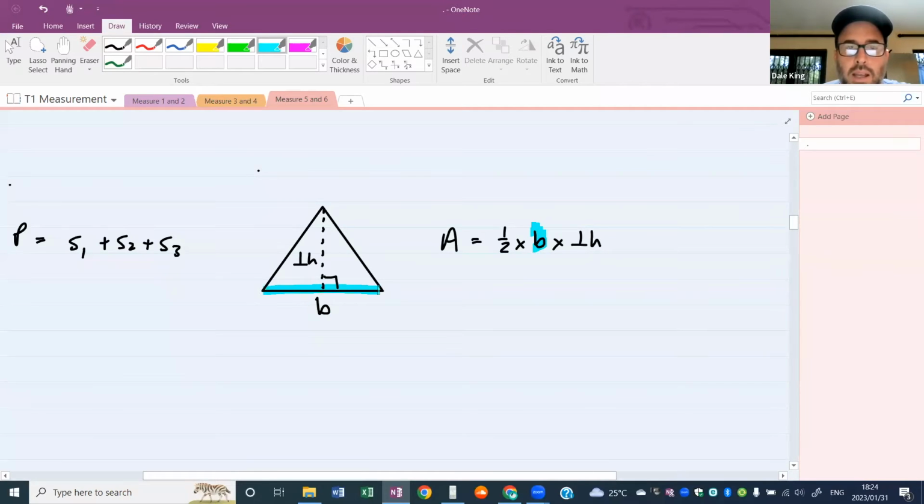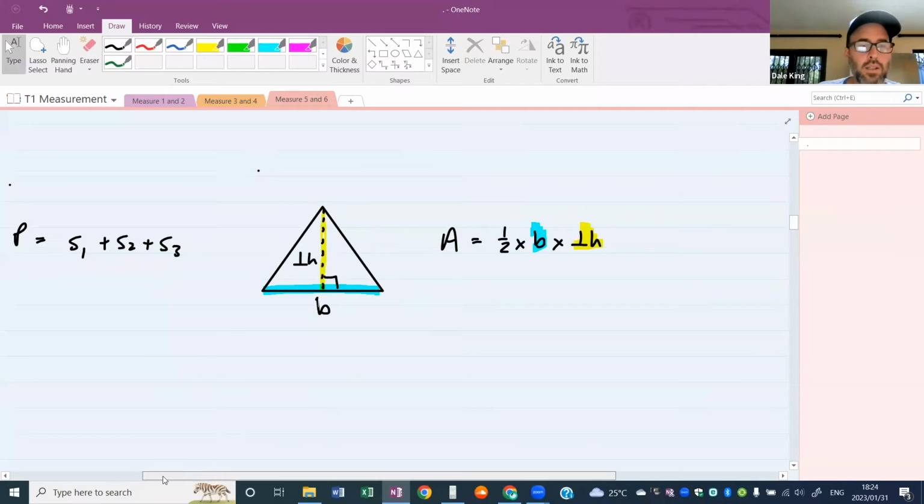That's this line here at the bottom. And the perpendicular height in my formula is this dotted line that goes up like this. It must come off the base, and it must be at 90 degrees. Then to work out the area, you say half the base's length times the perpendicular height's length. That'll give you the area of a triangle.